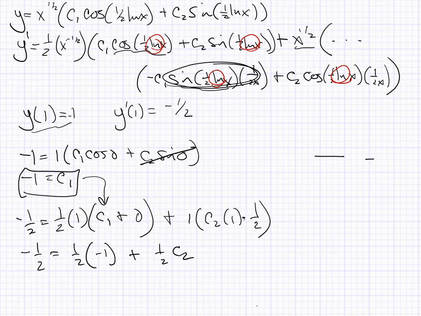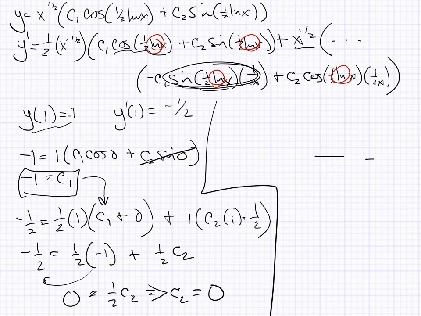And so this is -1/2, so if I add -1/2 over to the other side, I'm going to get 0 equals 1/2 c2, which is going to tell me that c2 equals 0. So fill all that in to the original solution.